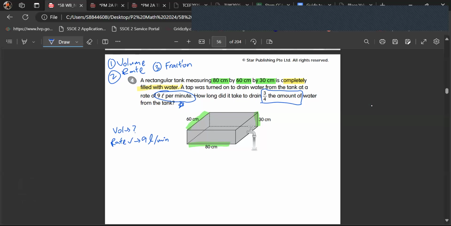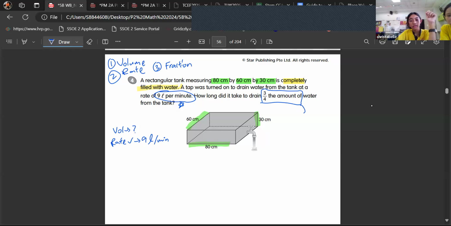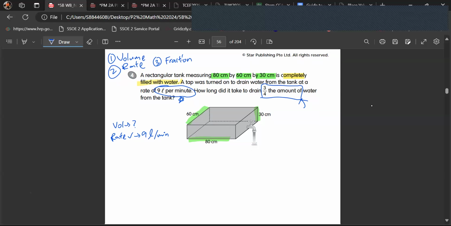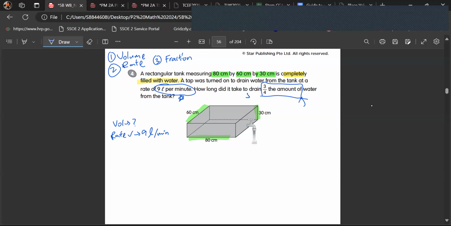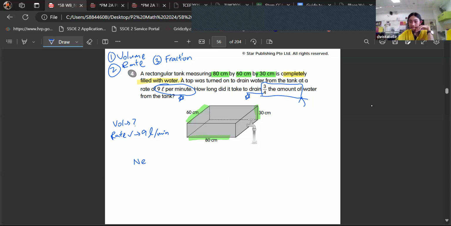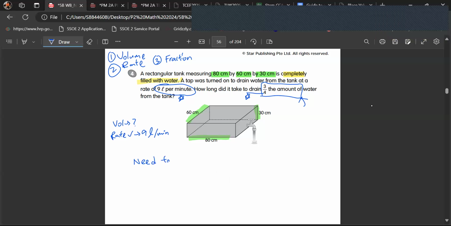And then you need to drain 3/4 of the water from the tank.